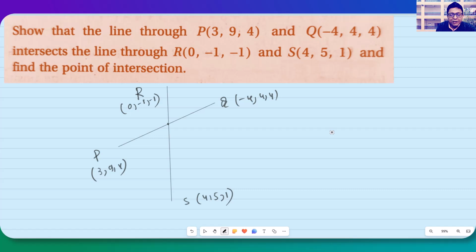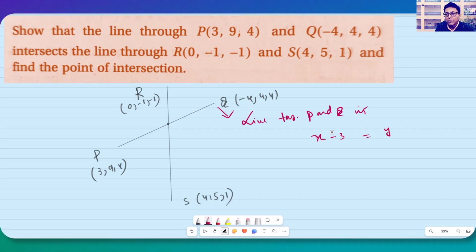So in this kind of sum, you need to write the equation of lines, then go for comparison. Line through P and Q is given by x minus x1, y minus y1, this divided by x2 minus x1, 4 minus 3, minus 7, 4 minus 9, minus 5, and this is 0.